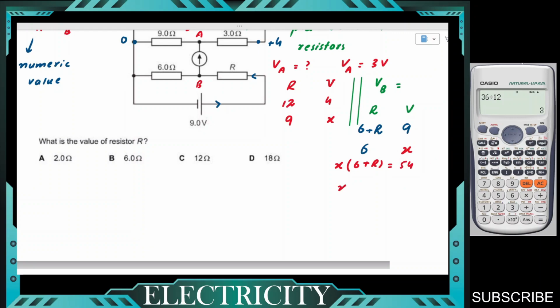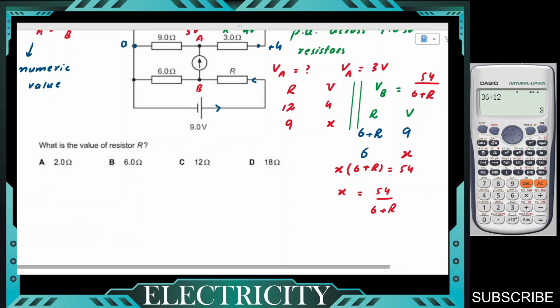So X equals, X is the voltage at B, right? X is the unknown variable. So X equals 54 over 6 plus R. So that is the voltage at point B. Potential at point B is 54 over 6 plus R.